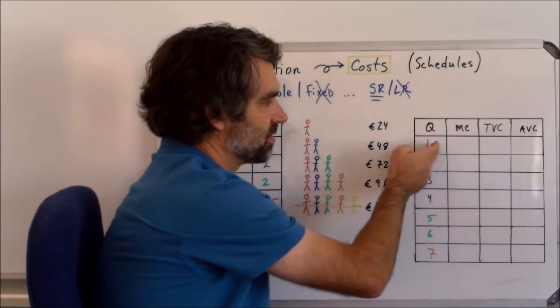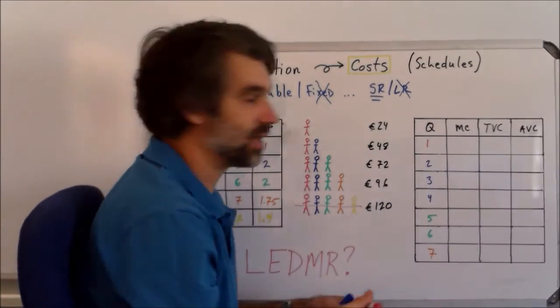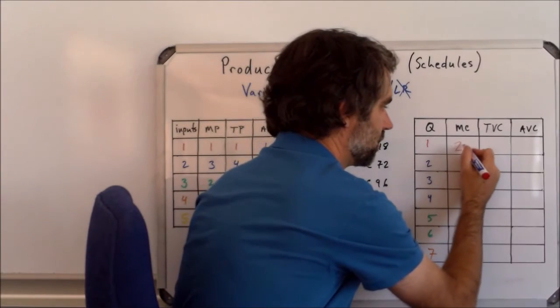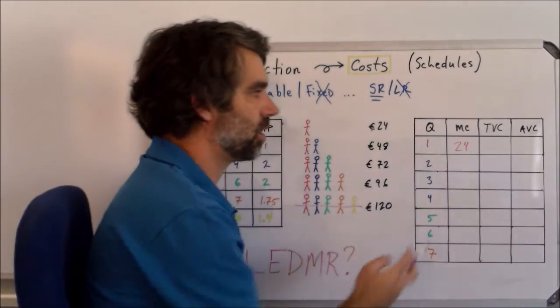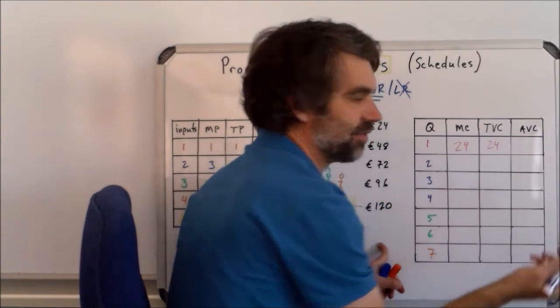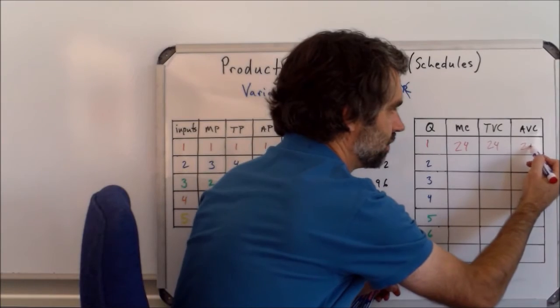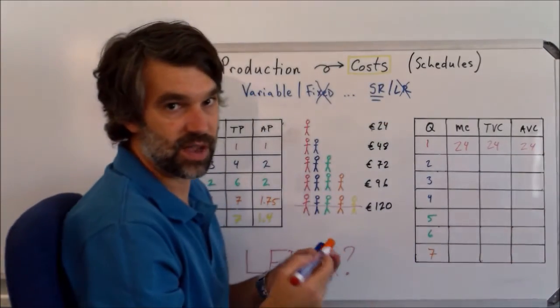So the marginal cost of making this first one is the cost of hiring 1 worker. That is, it's 24 euro. Therefore, the total variable cost is 24. And obviously the average variable cost is 24 divided by 1, so 24. So that's obviously very simple.